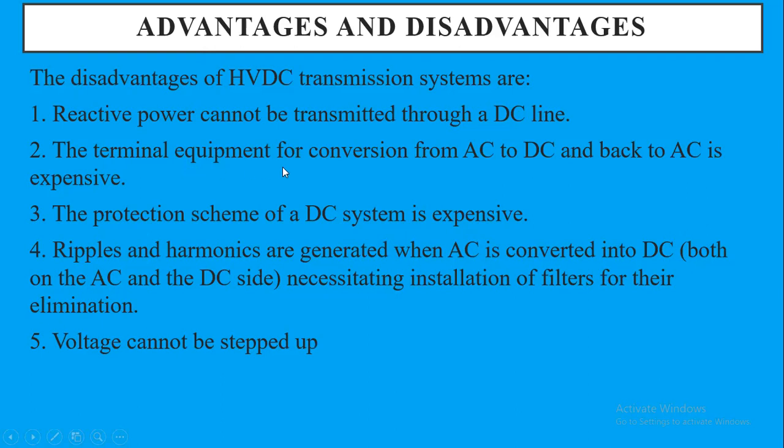Number two, the terminal equipment for conversion from AC to DC and back to AC is expensive. This concept of converting from AC to DC and then DC to AC again, at the sending and receiving ends respectively, is expensive and a vital, key aspect in the HVDC system. But we need to use this concept.